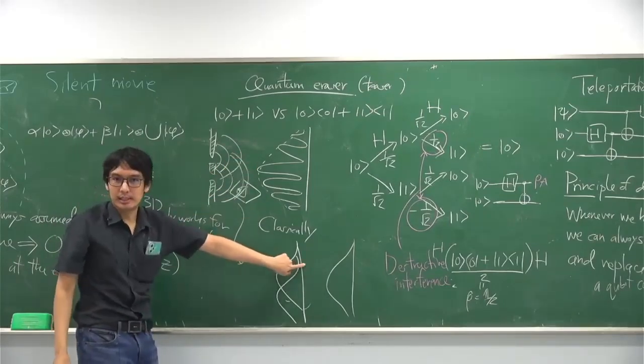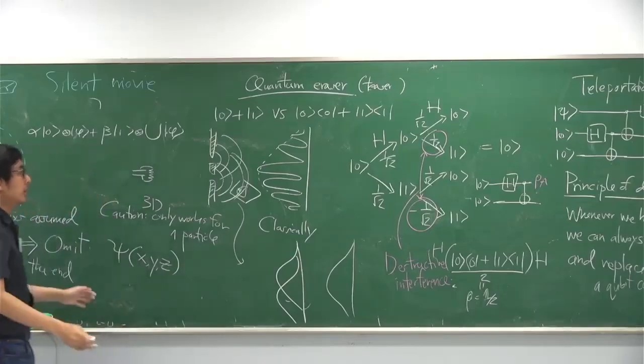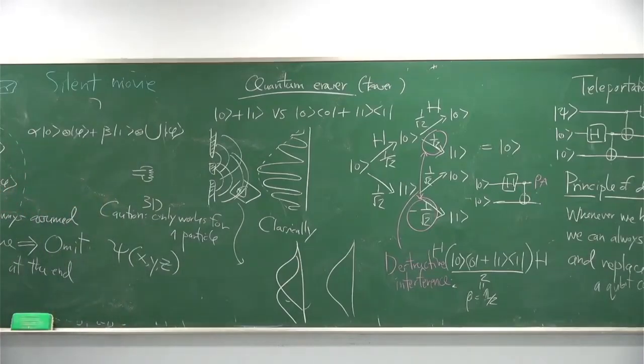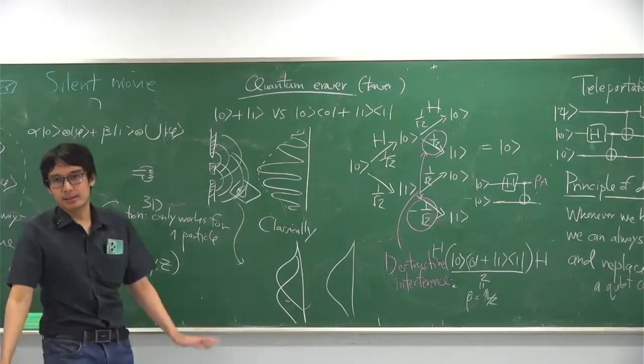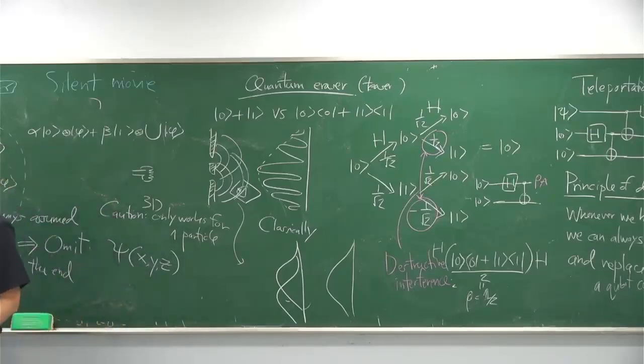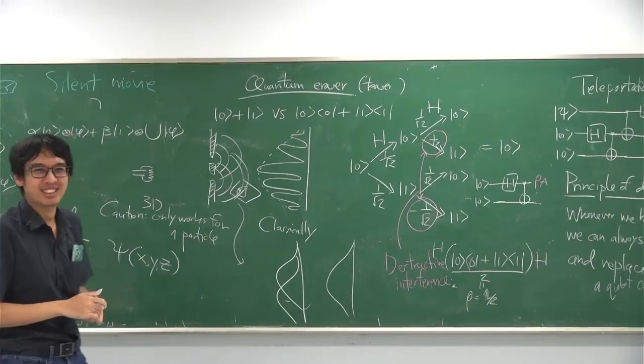You see this instead. And quantum eraser is a trick that people came up with to erase the information in the other system to restore interference. This is the subject for next time.